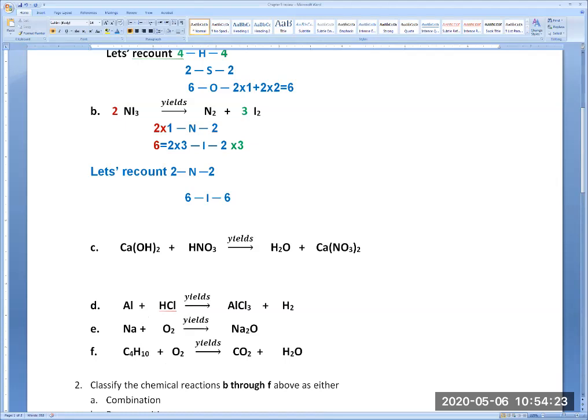So there are 2 hydroxide polyatomic ions per calcium ion to make this formula neutral. And if you look on the other side, calcium now is with the nitrate NO3 negative 1. If you look at the list of polyatomic ions, it's NO3 negative 1, and there are 2 NO3 negative 1 per calcium ion.